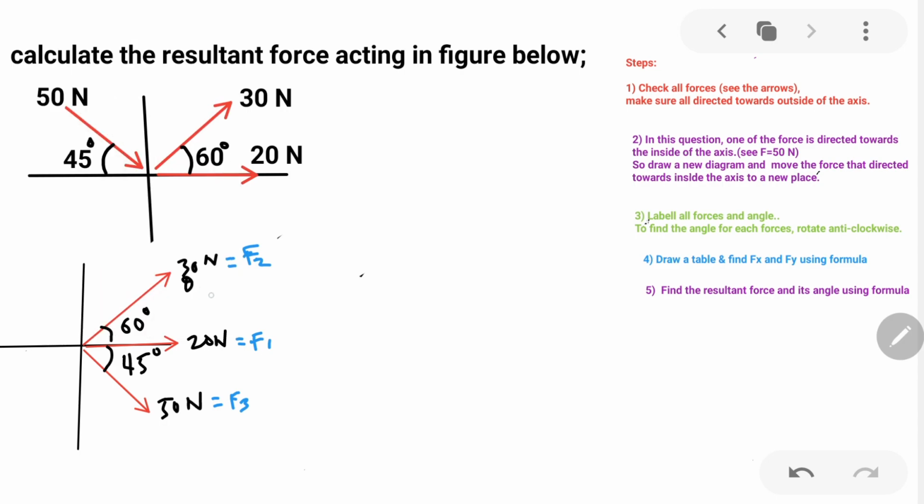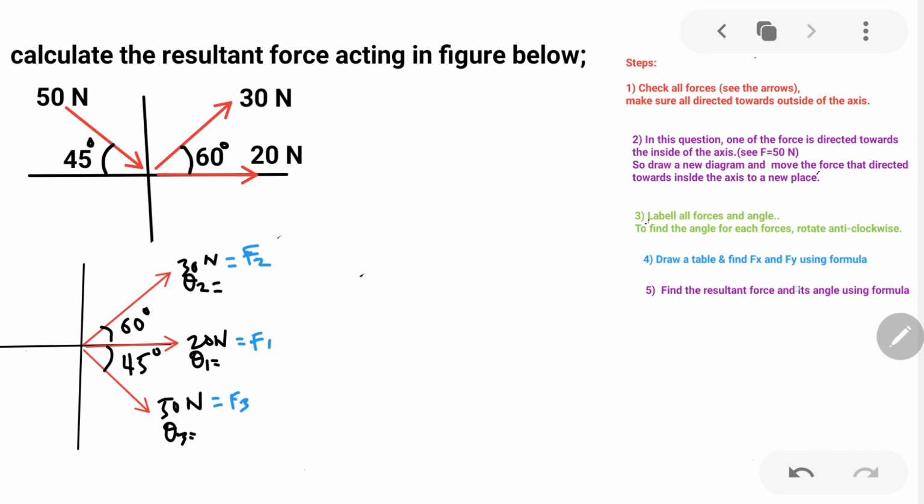So for force number 2, the angle will be theta 2. And for force number 1, the angle will be represented by theta 1. And force number 3 is represented by the angle theta 3.